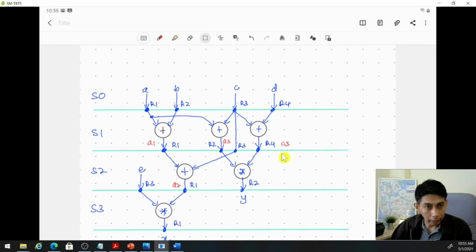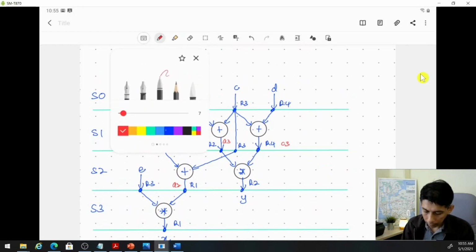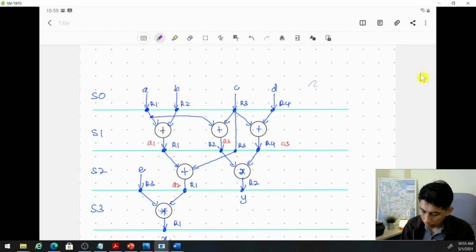So for the first cycle, you can see that what we do is actually this. First, we transfer A into R1.